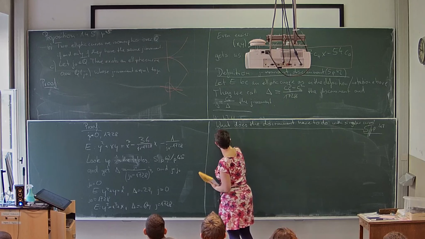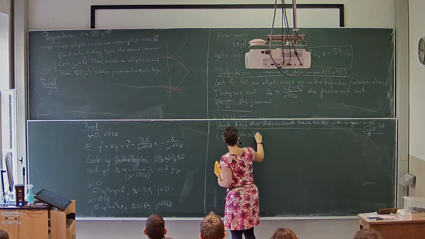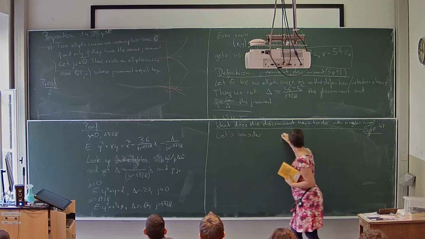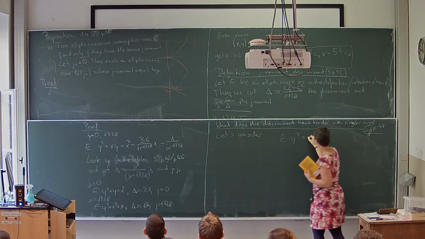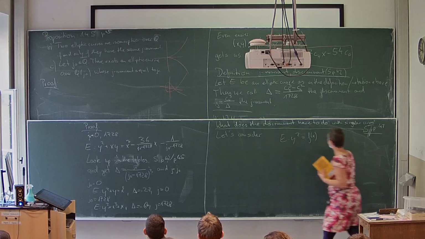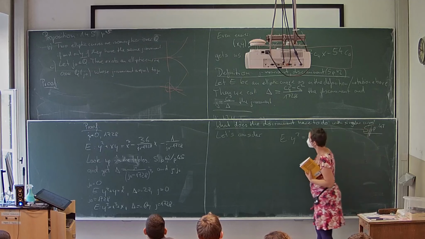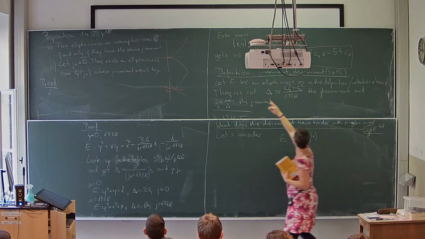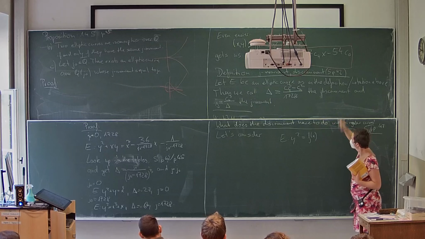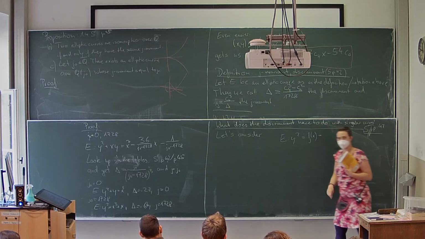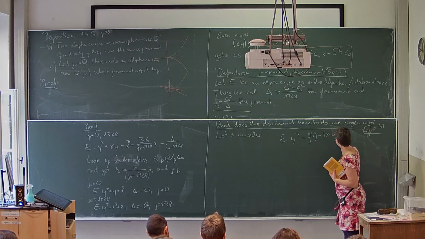So let's consider an elliptic curve, y squared equal to something on the right side, and our coefficients are now in Q. If we just factorize this, we will have algebraic numbers here.